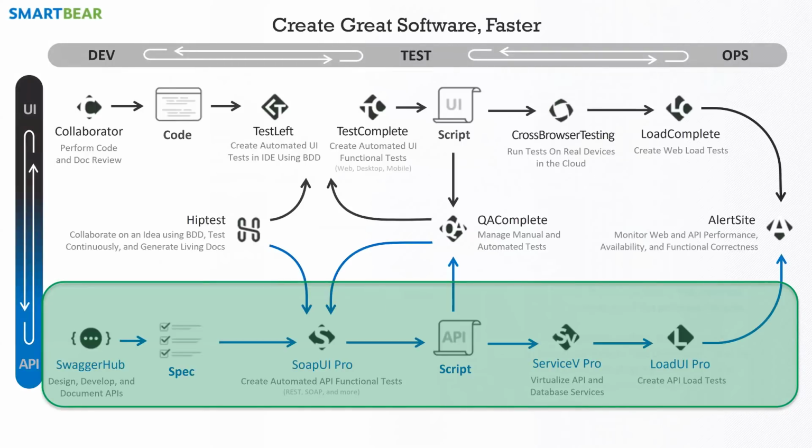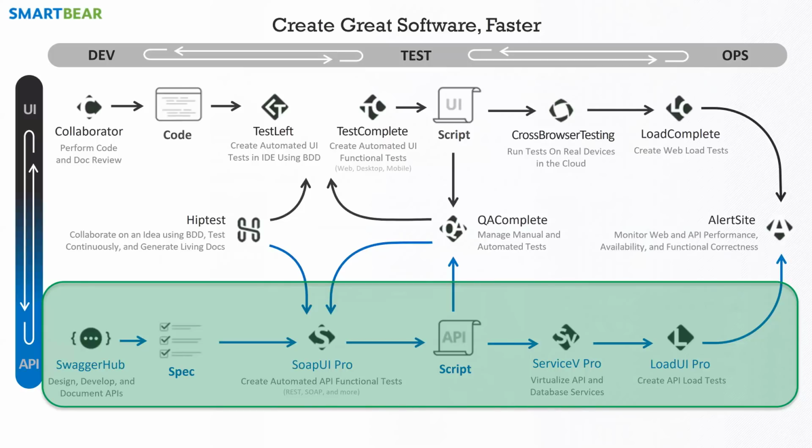And we create tooling across the entire SDLC. Most of what we'll be talking about today is on this lower API side. So we'll be talking about SwaggerHub, our functional testing, our virtualization with ServiceV, and maybe some load testing there. These are our API side of the house. On the top here, we have some of our UI testing tools like TestLeft, TestComplete, and CrossBrowserTesting.